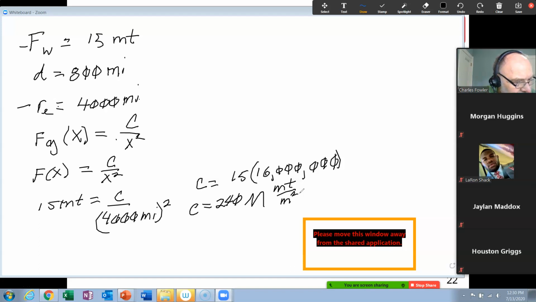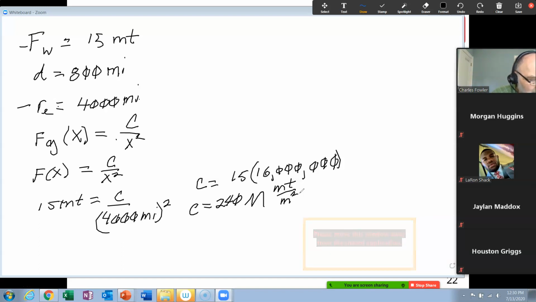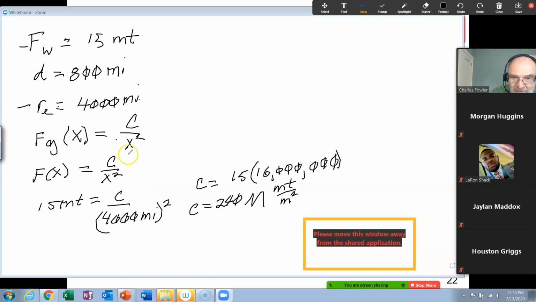Those are not the right units for that constant of proportionality, but we won't get into that. So let's forget the units for now. That's what we're going to be using: 240 million, forget your units. Otherwise, I think that'll just be confusing. We'll go back and put them in at the end if I can find where the pen went. There it is. So we'll just wipe out those units for now.